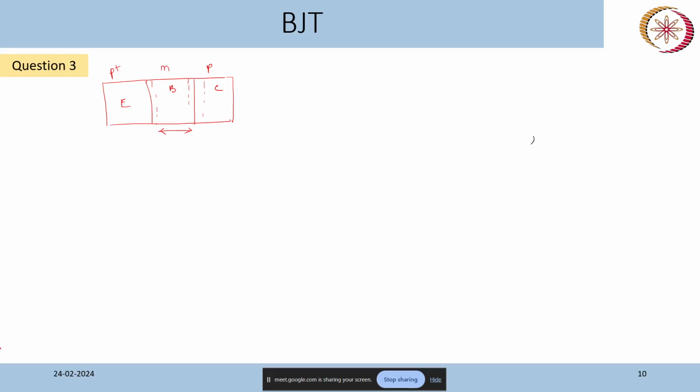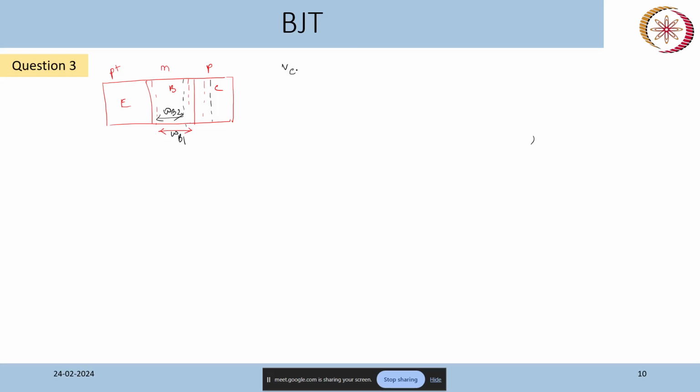Suppose this is the depletion region for another collector voltage. Suppose this is WB1, the effective base width for a particular voltage, and this is WB2.